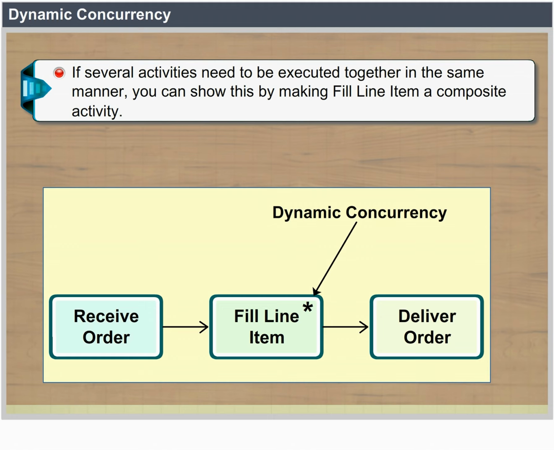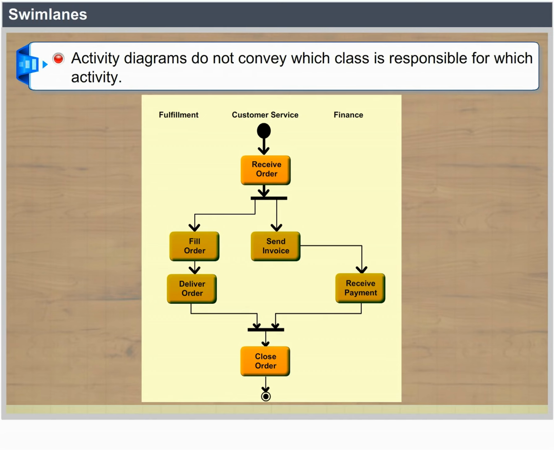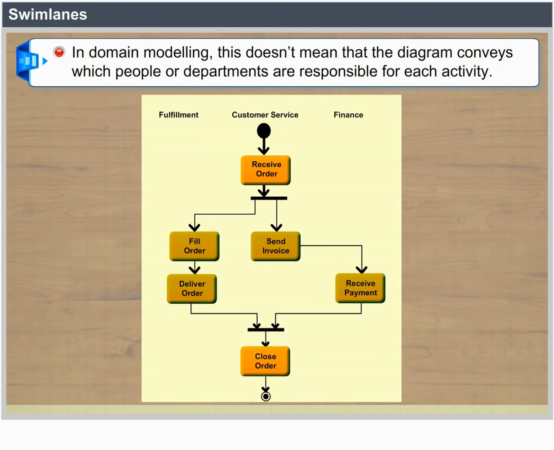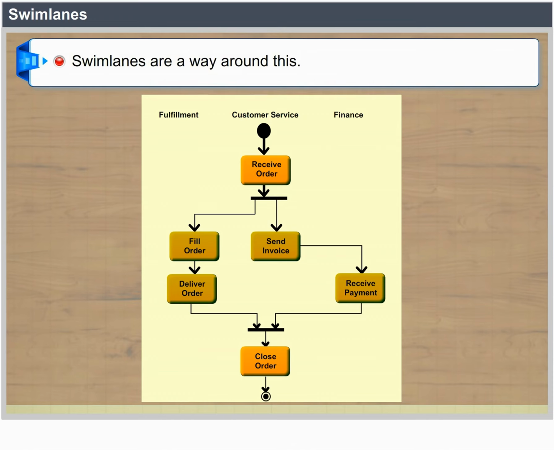item a composite activity. Swim lanes. Activity diagrams do not convey which class is responsible for which activity. In domain modeling, this means that the diagram does not convey which people or departments are responsible for each activity. Swim lanes are a way around this.